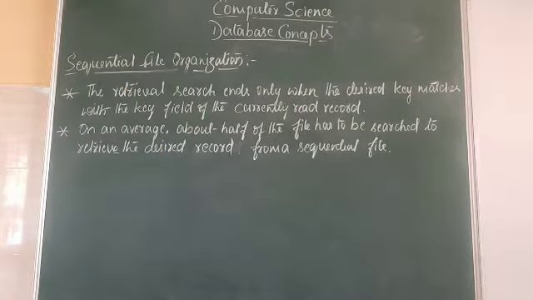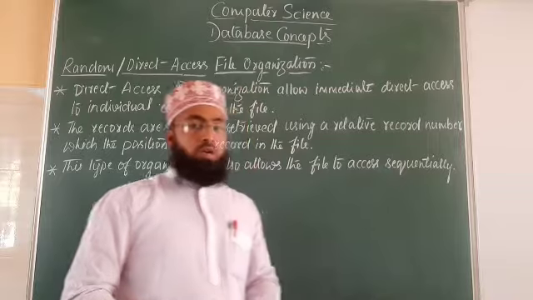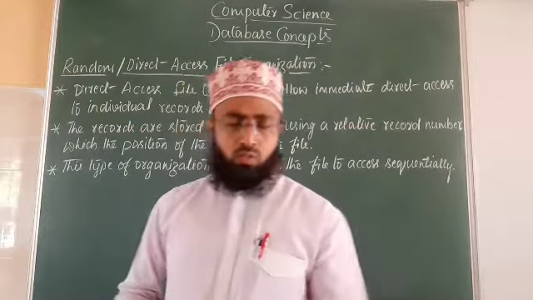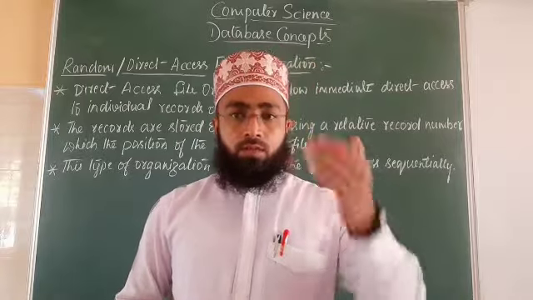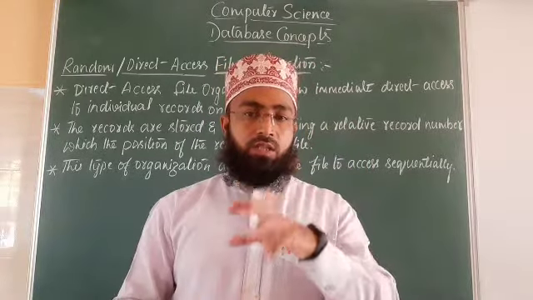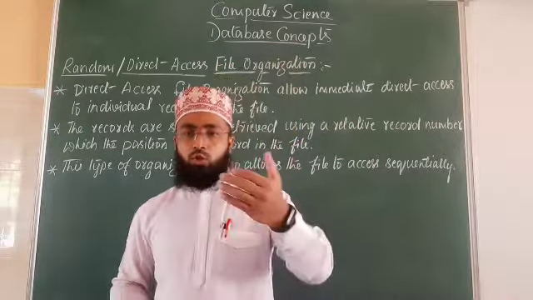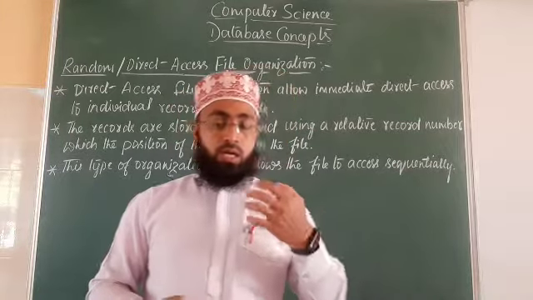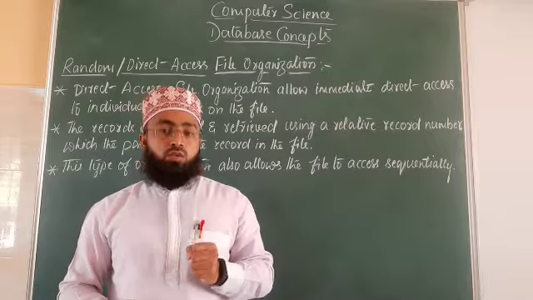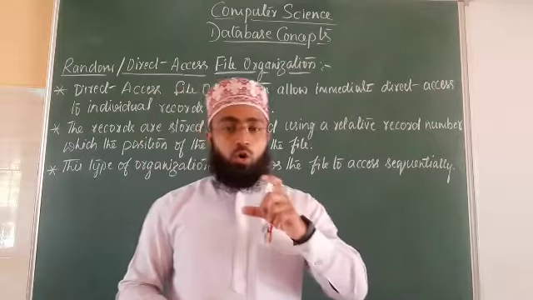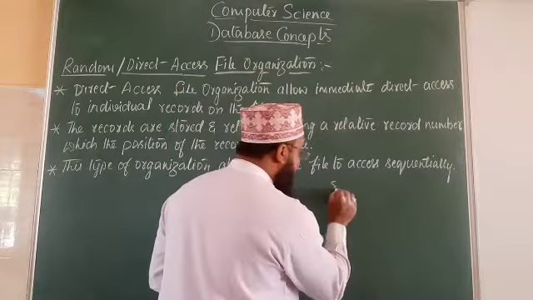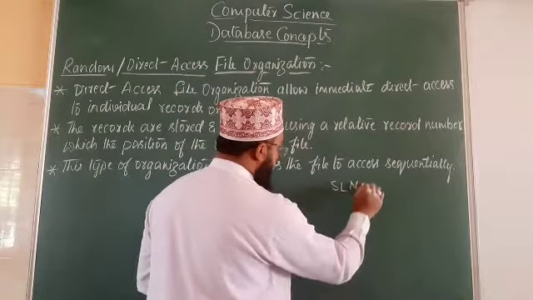Now come to the next thing, that is random or direct file access organization. In sequential access, it will check every record, and finally when the searched record is matched, it will stop searching. But under random or direct access, here a separate record number is given, just like a serial number.